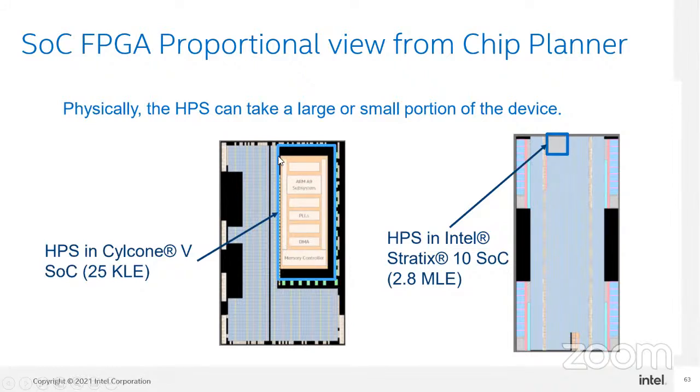So you can see that in a Cyclone 5 device, this much space is occupied by the processor. Whereas when you compare the same with the Stratix 10 SoC FPGA device, this much is the area of the FPGA, and this is the area taken by the processor. That means you can easily compare how much is the bandwidth, and how much is the density that you can easily think about.